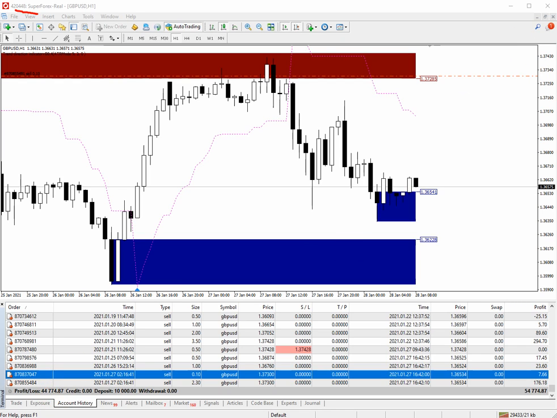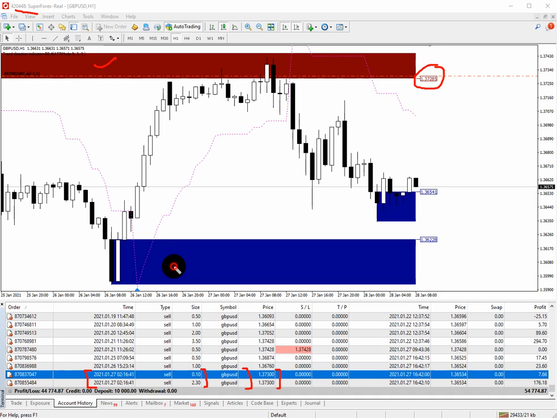Here on 27th of January, we placed two trades in GBP/USD with lot sizes of 0.1 and 2.3 at price 1.3730. And here the trade was placed precisely from the level shown by our support demand and our trend indicator.